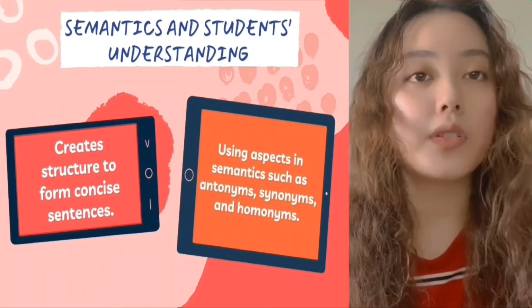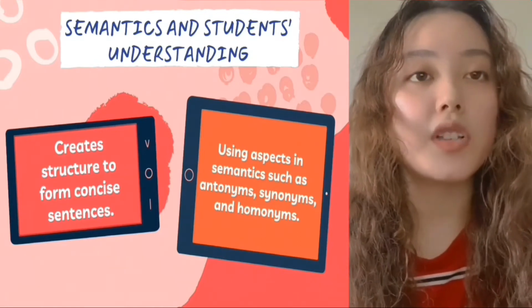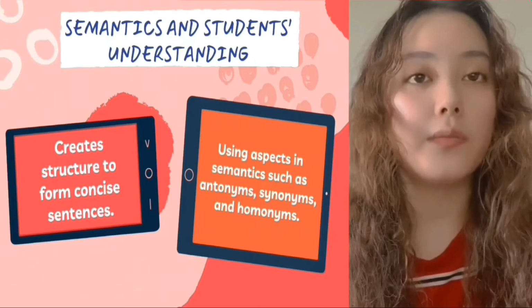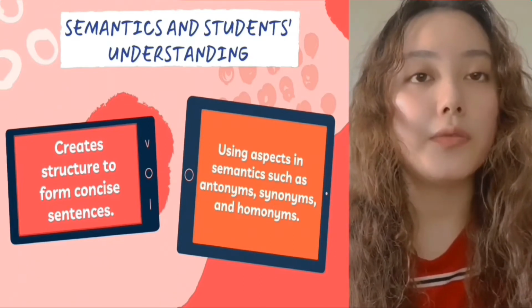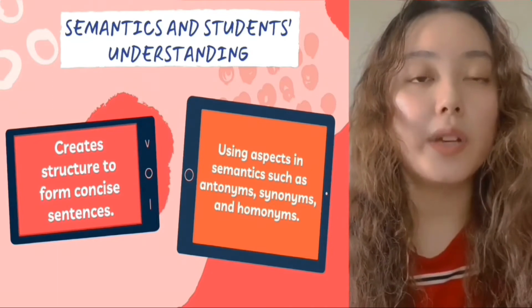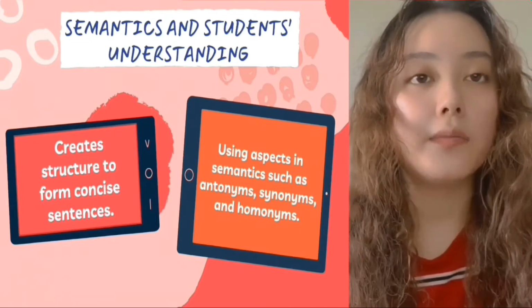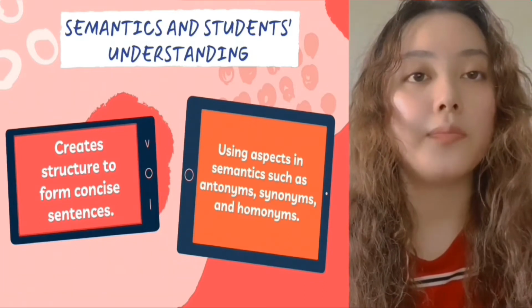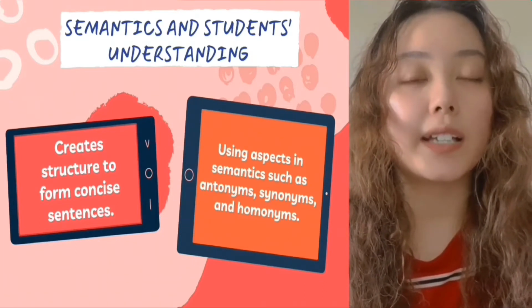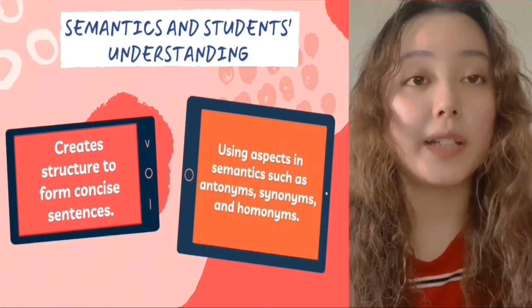Semantics is very important for language. Without it, language has no real structure. So if we can learn semantics, we can make sentences clear, so the listener and the reader can be clear about what the meaning of the sentence is.